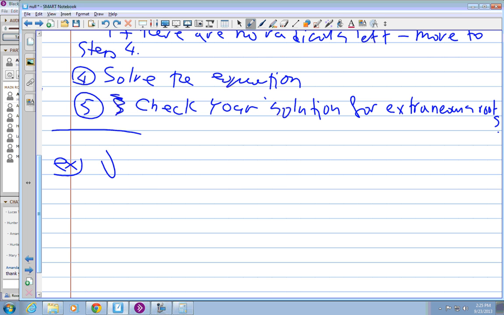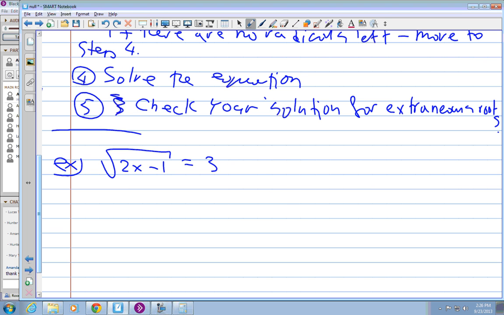So something simple: square root of 2x minus 1 equals 3. Okay? So here's an equation that involves a radical. All we have is a radical on one side of the equation. Step 1 tells me to isolate a radical. Well, it's isolated, right? One side of the equation is nothing but a square root. So I'm going to go ahead and kill that square root.